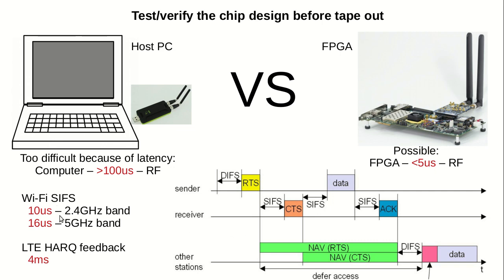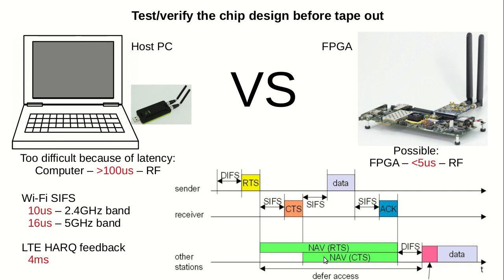Because as you know, in the Wi-Fi standard, there is a time called SIFS, short interframe space, defined. In 2.4 GHz it is 10 microseconds, in 5 GHz it is 16 microseconds. The meaning of SIFS is that when you receive a packet, for instance an RTS packet or data packet, you have to send out an acknowledgement in 10 microseconds or 16 microseconds.